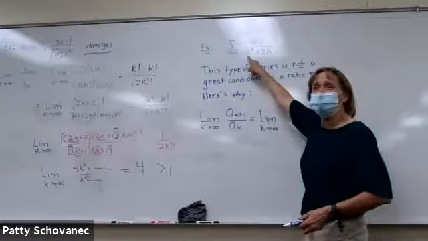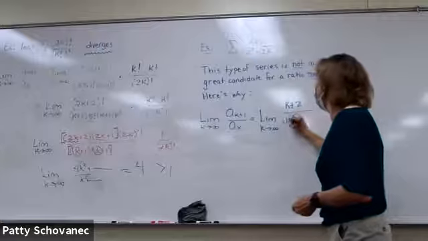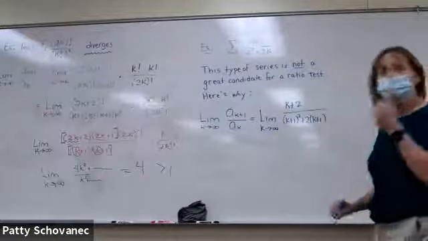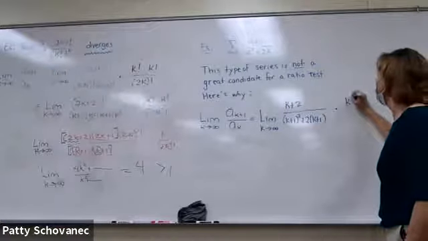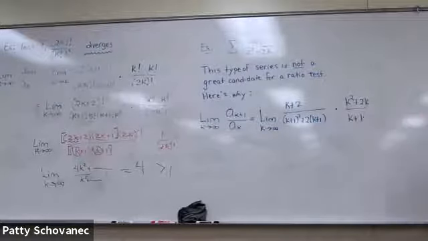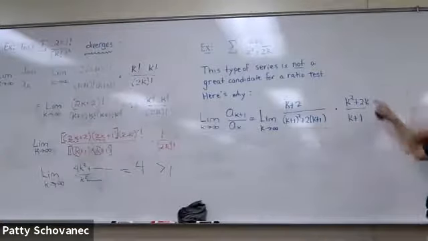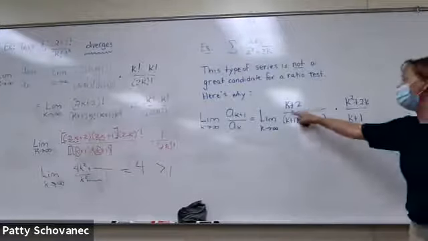Then I have a k plus 1 all squared plus 2 times k plus 1. Then I divide by that, but dividing by that is to multiply by the reciprocal. And not a dang thing cancels. I don't have a k plus 2 to cancel. This is nowhere near that. Nothing at all cancels because of the plus signs.